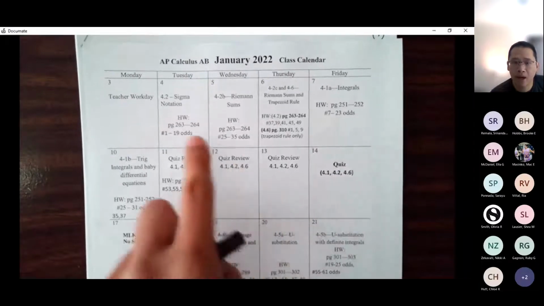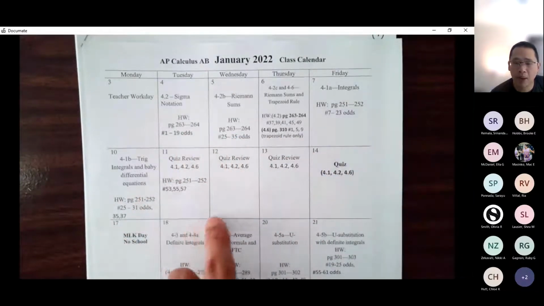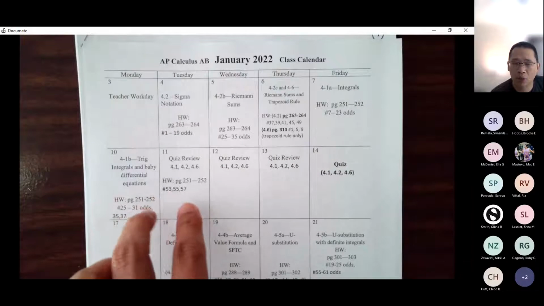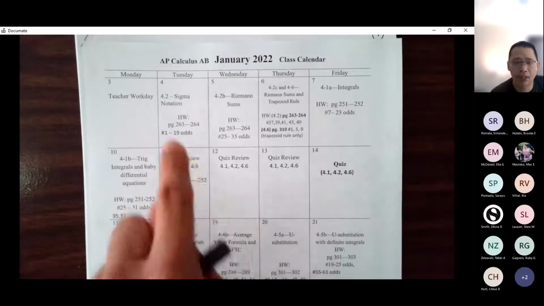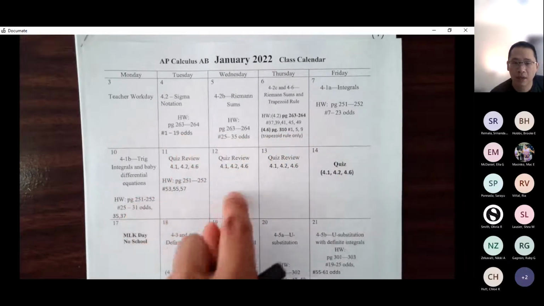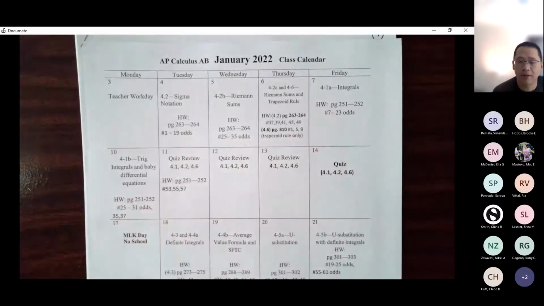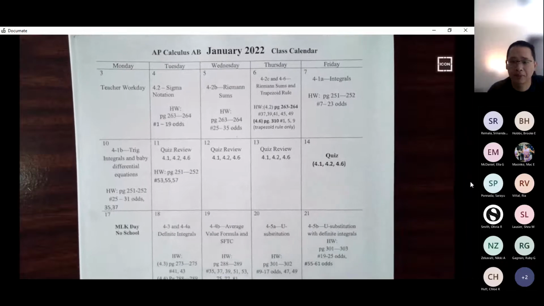We're going to have homework assigned for each of the days, but I'll probably check it all next Wednesday. It's good if you can keep up with each of the homework assignments so that you're not having to do it all at once. Any questions about the calendar?